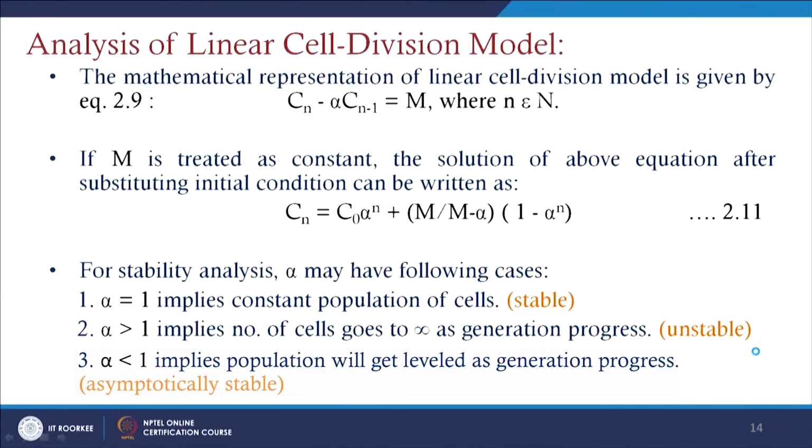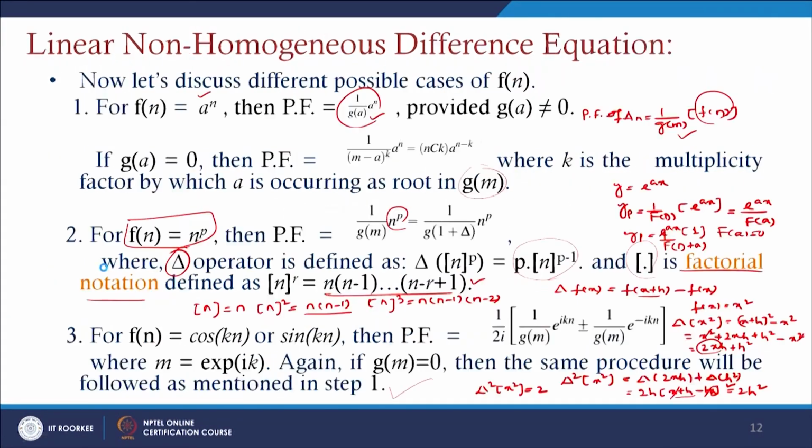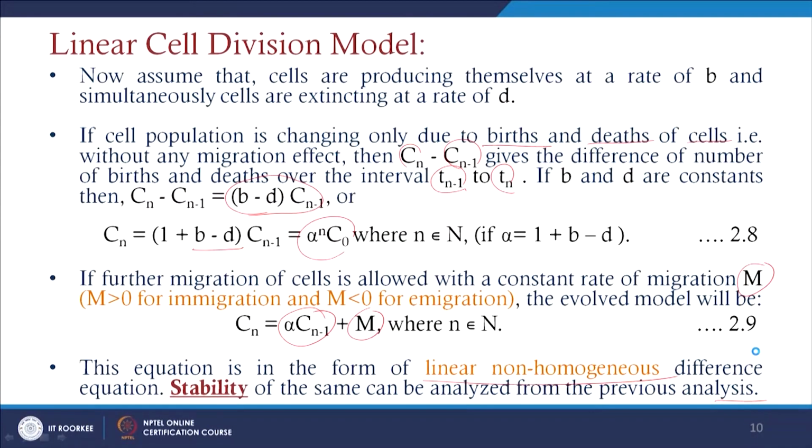So, if you go for the analysis of a linear cell division model, the mathematical model representation of a linear cell division model is given as equation 2.9. If you see the previous slide here, that is C n equals to alpha C n minus 1 plus m here.